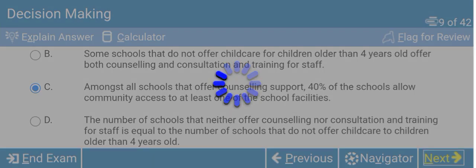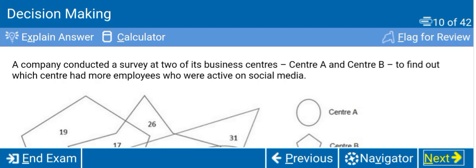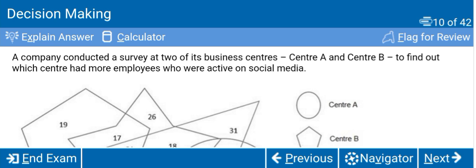Next question we have question number 10. A company conducted a survey at two of its business centers, Center A and Center B, to find out which center had more employees who were active on social media.